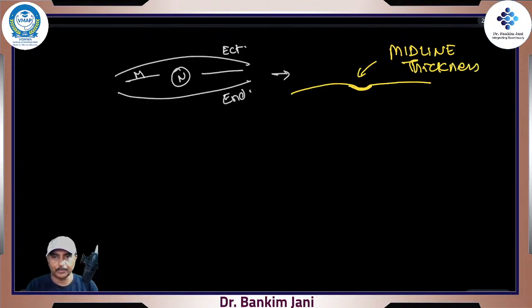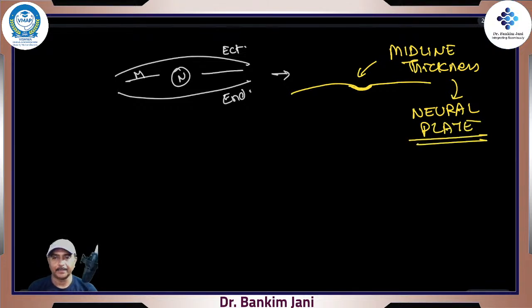Obviously the cells proliferate, and it will start going down. This midline thickness is called the neural plate, right? From this point onwards you can call it neuroectoderm.